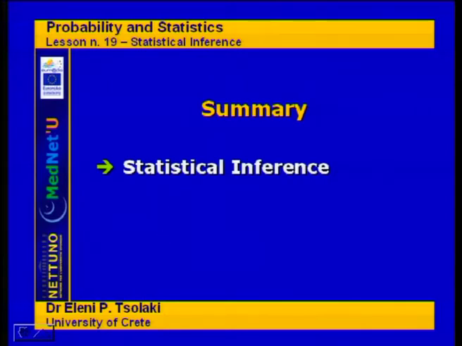Here we talked about statistical inference, how to draw conclusions for characteristics of the population, of parameters of a population using a sample. We talked about estimators, point estimators and interval estimators.